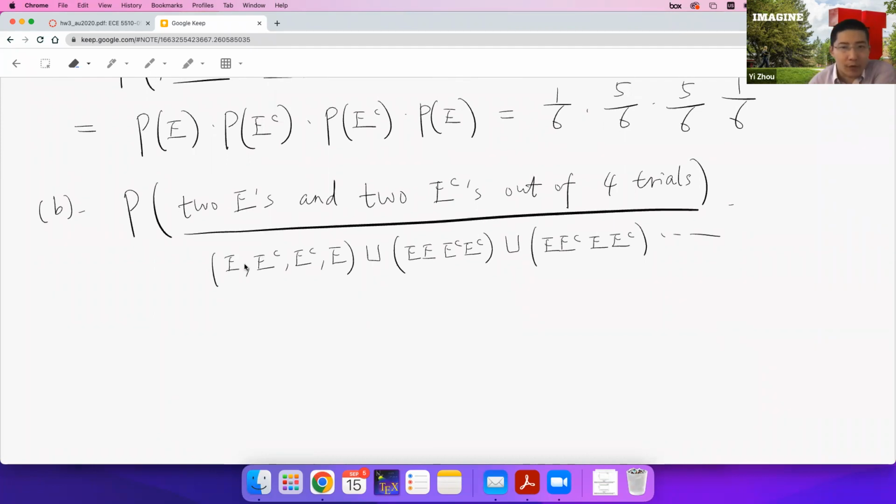Note that each of these possibilities has the same probability because they all have 2 E's and 2 E complements. To compute their probability, you just multiply the probability of E twice and the probability of E complement twice. So we just need to count how many different combinations we have for such an event. This is related to the combinatorics that we are going to talk about next.